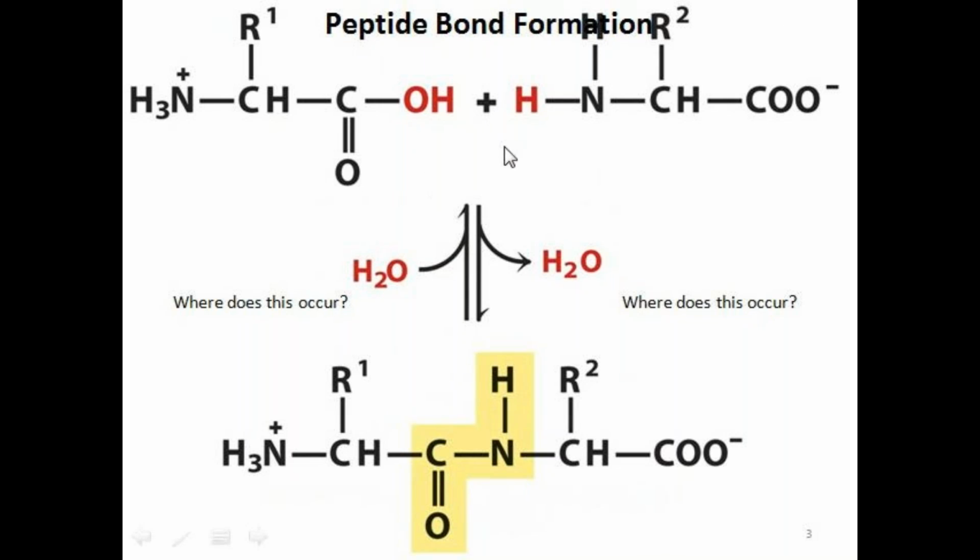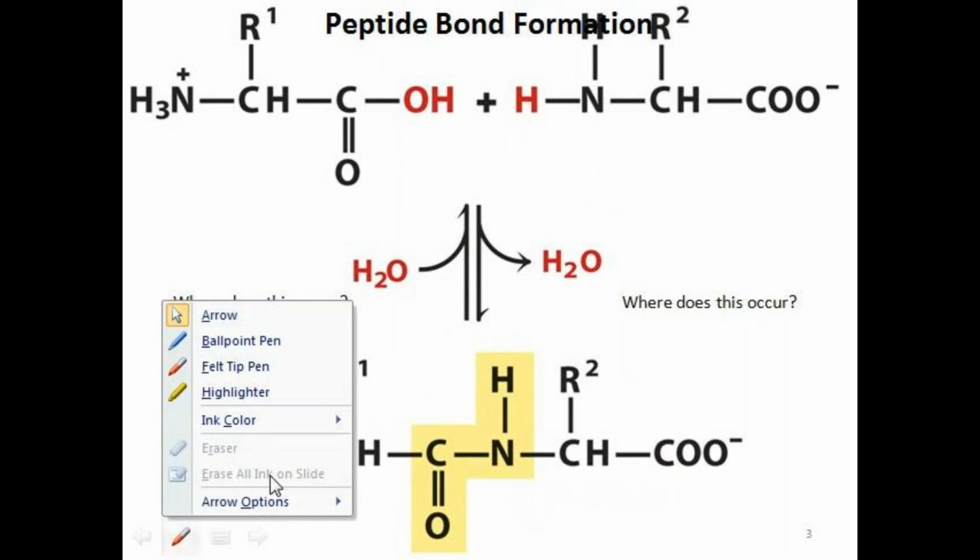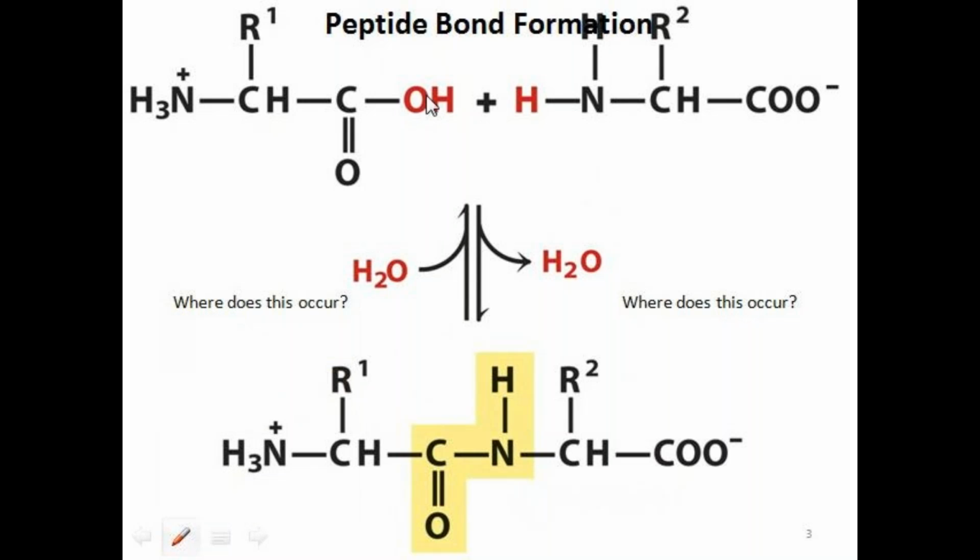Here, this is one amino acid and this is another amino acid. By removing a water molecule, the peptide bond forms. Two amino acids are needed for the formation of one peptide bond.